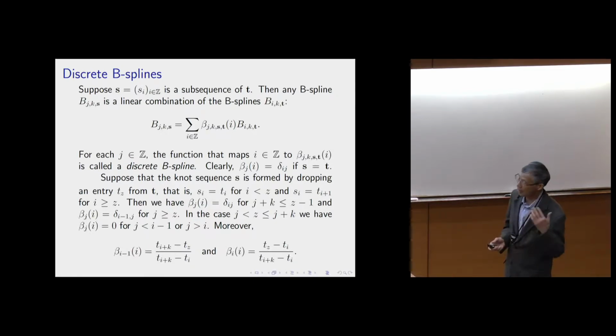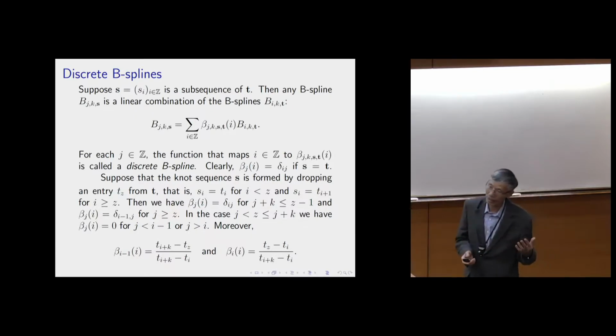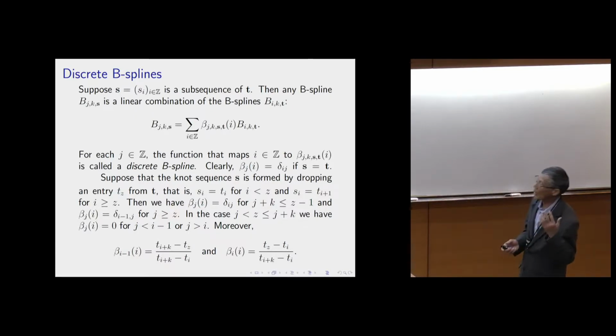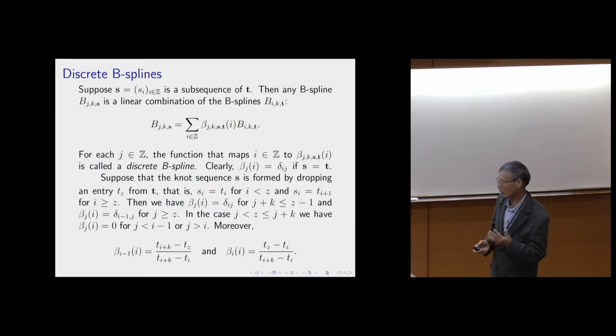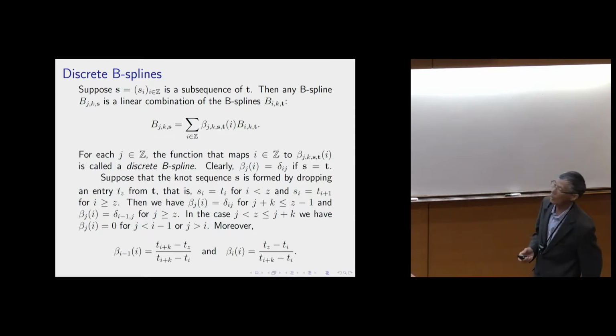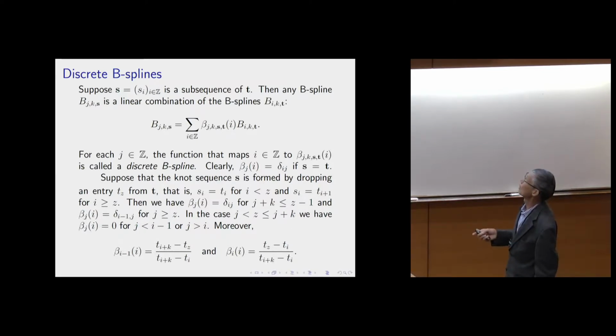Now this gives an outline of univariate B-splines, but with a different perspective. That is, everything can be done based on discrete B-splines. Because B-splines form a basis, suppose we insert new nodes.